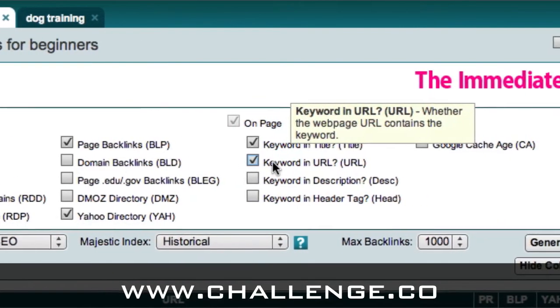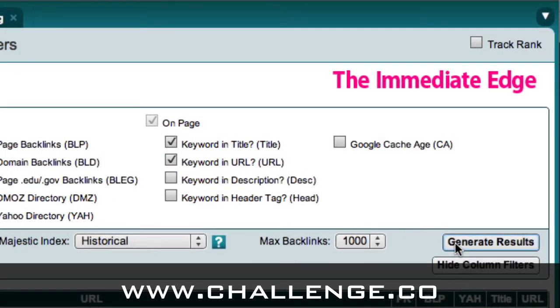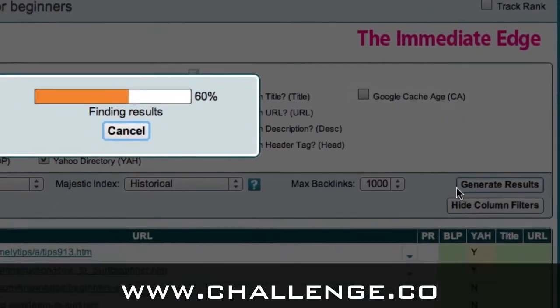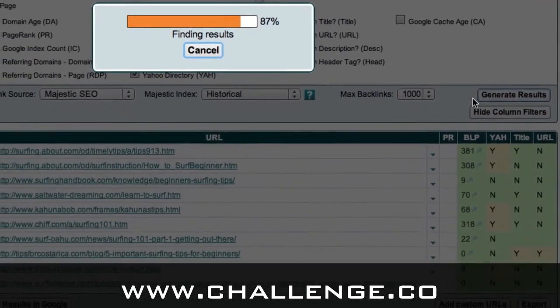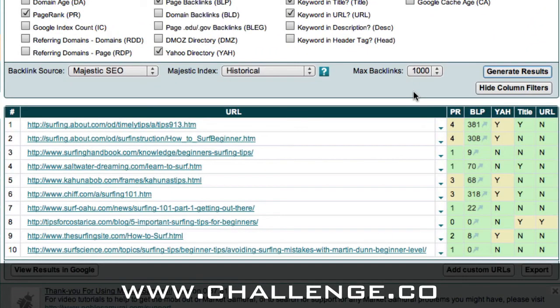Once you've checked only those 5 boxes, then hit this generate results button, and Market Samurai will go away and it will have a look at the top 10 for that keyword, and it will assess the strength of the competition. Okay, Market Samurai has now returned back its data, and as we can see here, we have our top 10.